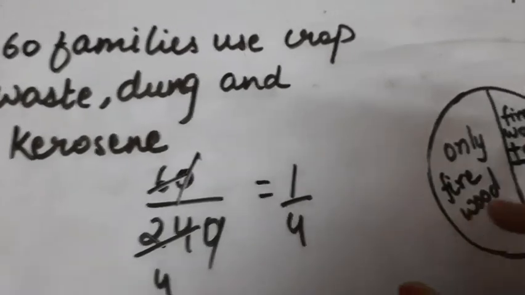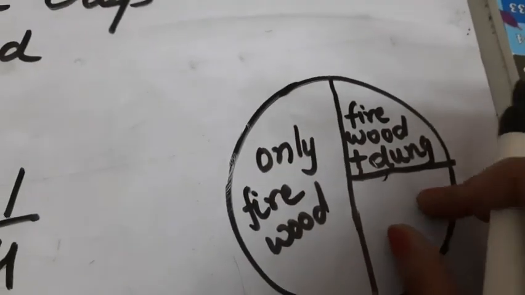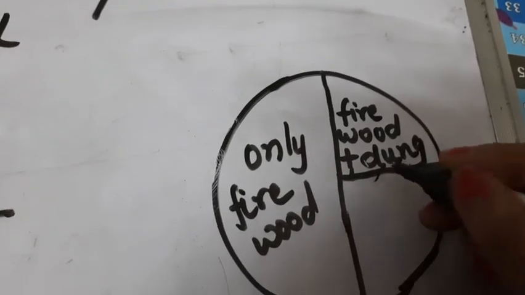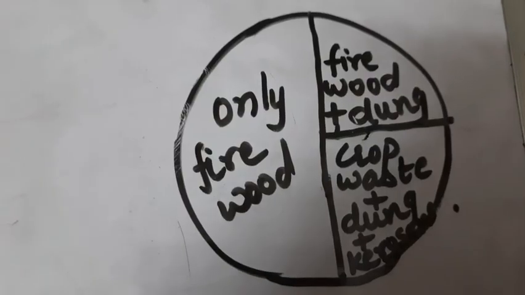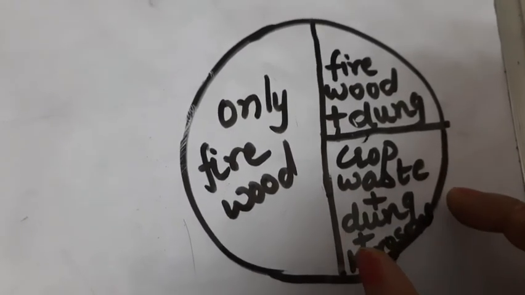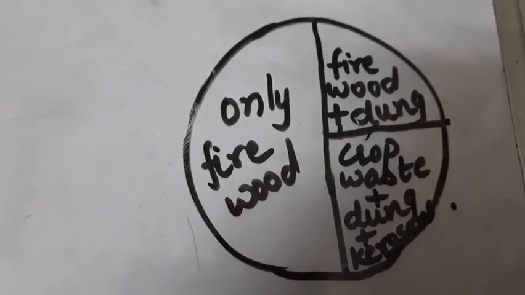So the remaining 1/4 of the circle shows crop waste, dung, and kerosene.